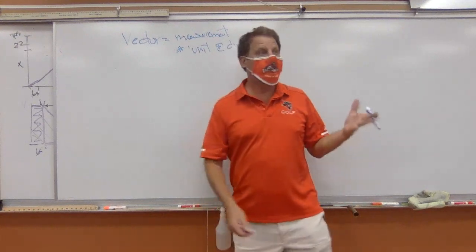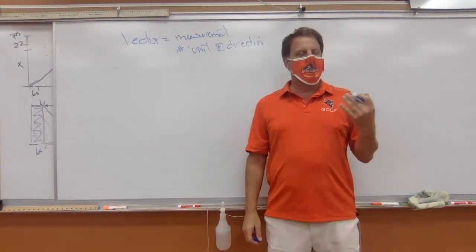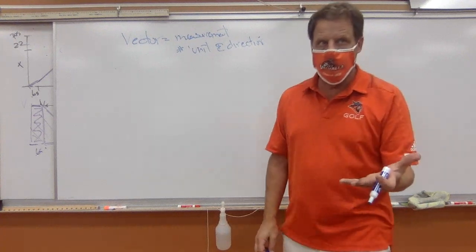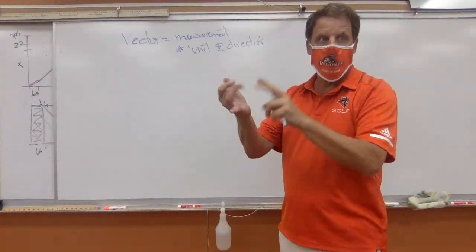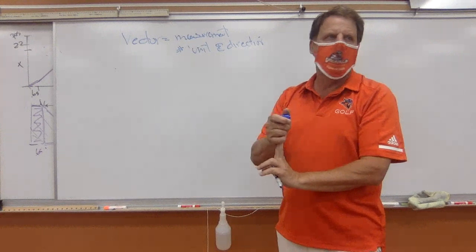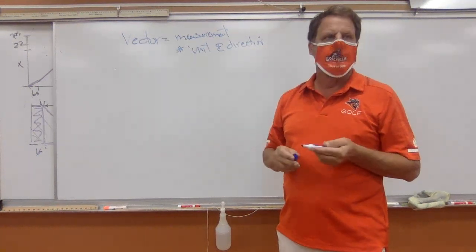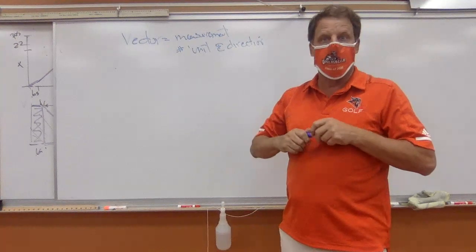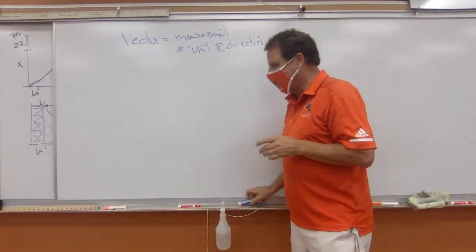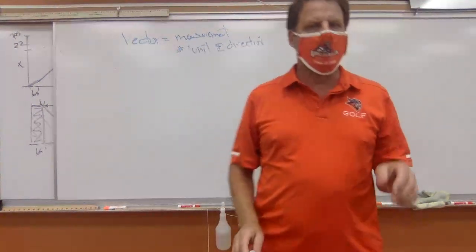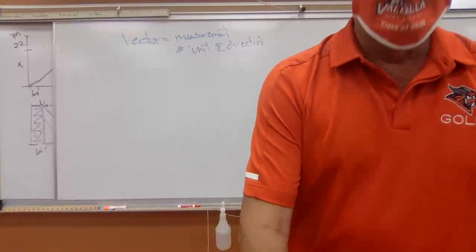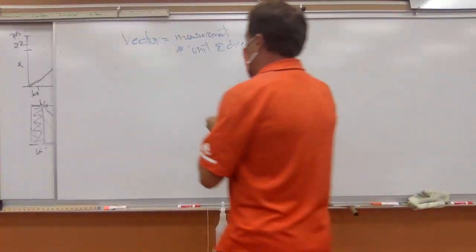A scalar is just going to be a measurement, which is going to have a number and a unit, but not a direction. There was a shorter video last week about scalars and vectors. So essentially what we're going to do is get to the analytical portion of what vectors are.